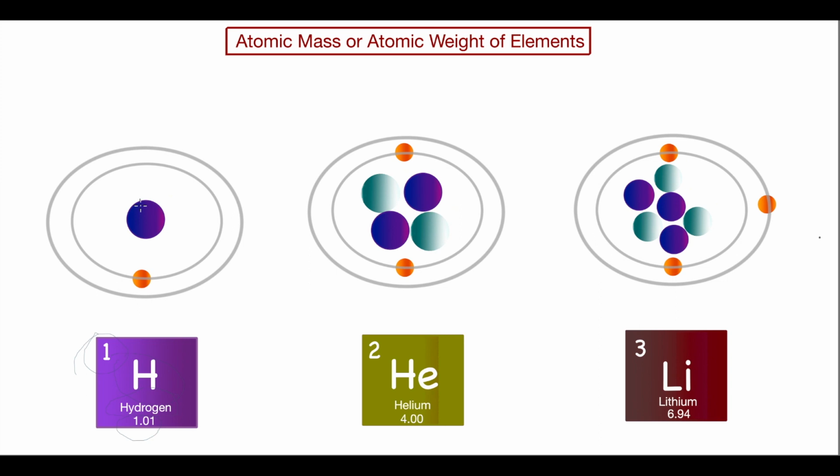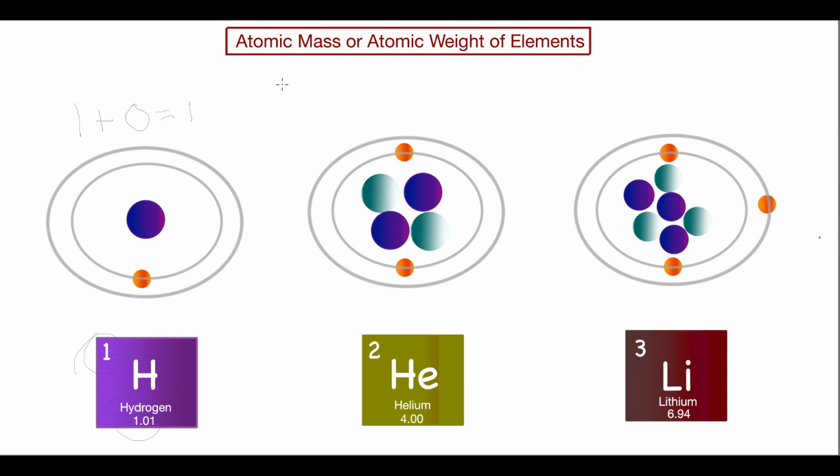Here we don't have neutrons, so the periodic table shows 1.01 AMU, as it takes into account the average atomic mass of all the different hydrogen isotopes or versions of hydrogen, if any. So, number of protons is 1 plus 0 neutrons, and we have an approximate atomic mass of 1.